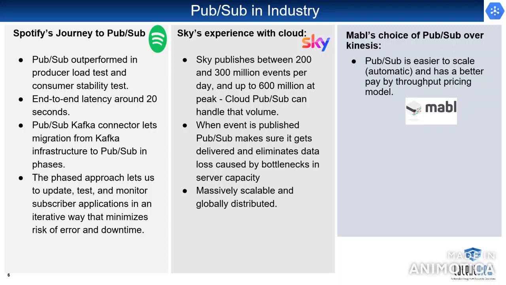By landing the diagnostic data into Cloud PubSub, we can eliminate the data loss caused by bottlenecks in server capacity. In Sky, around 200 to 300 million events are published per day, and PubSub can handle this volume with no manual interference.